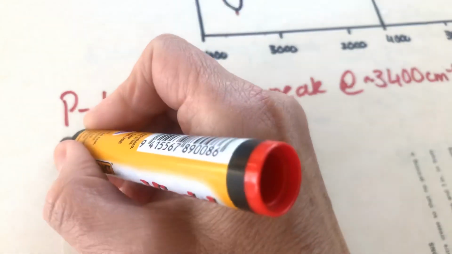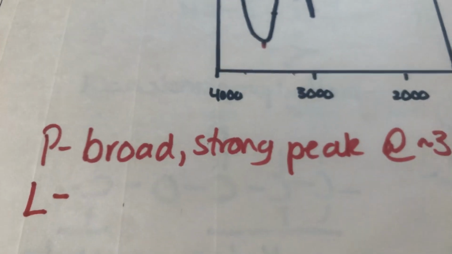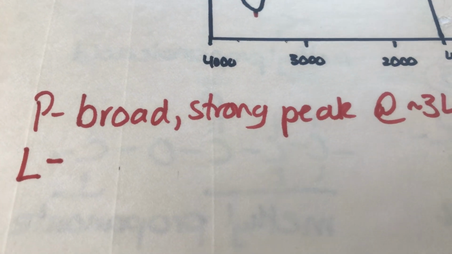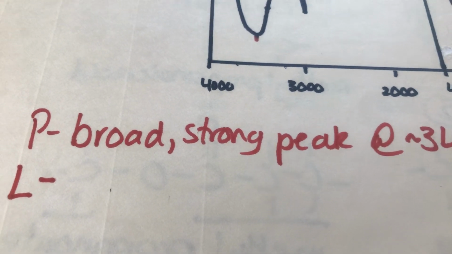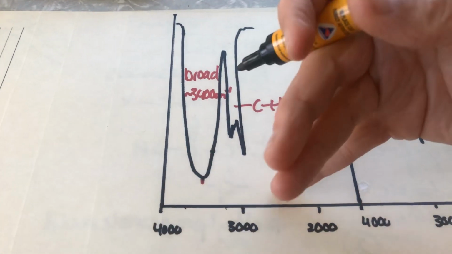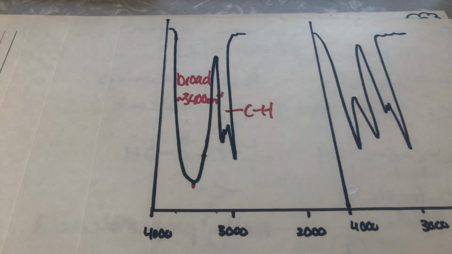Right, part 2, link. What does this tell us? Now, if we go up to our resource sheet, what that tells us, and this is the one I always look for first, so as soon as I see a spectra, is there this big, broad peak right up here around 3,500?